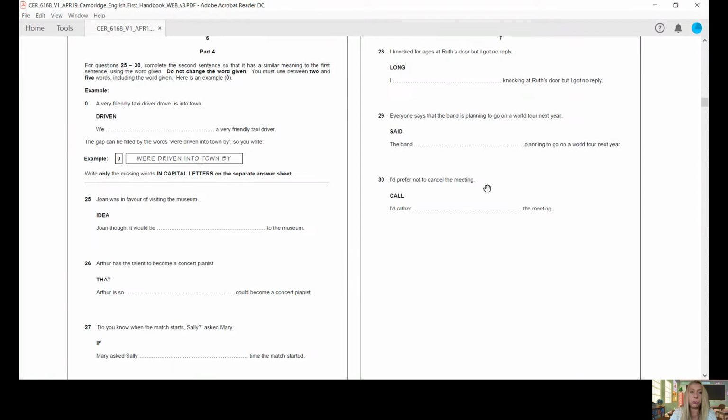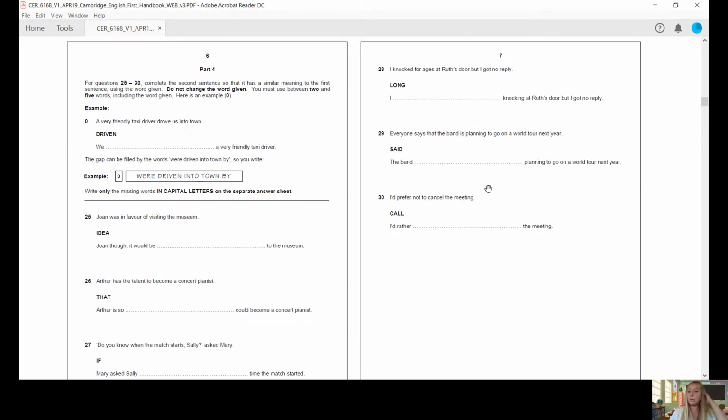Moving on to part 4. Now, part 4 is the part that my students always love. I'm joking. For questions 25 to 30, complete the second sentence so it has a similar meaning to the first sentence using the word given. Do not change the word given.